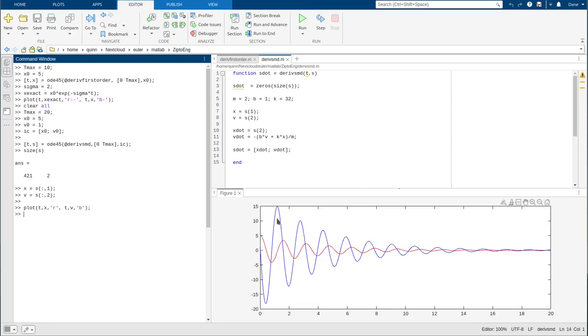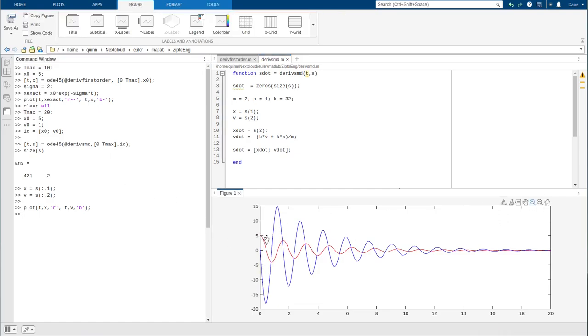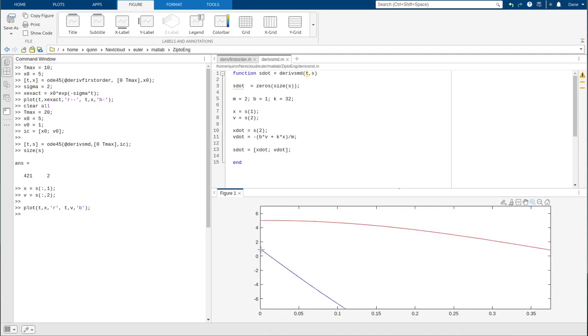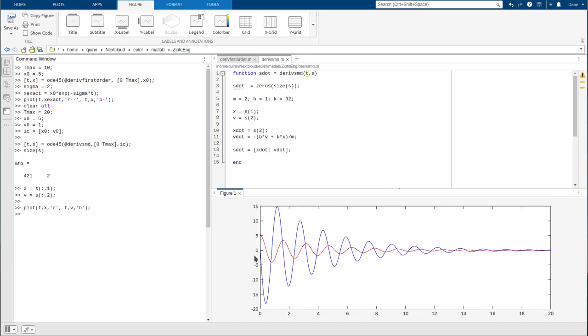If we zoom in near time 0, the velocity starts at 1. Zoom back out, and we see this characteristic decayed response due to the presence of damping. We have some exponential decay of the system, both in terms of the position and the velocity.